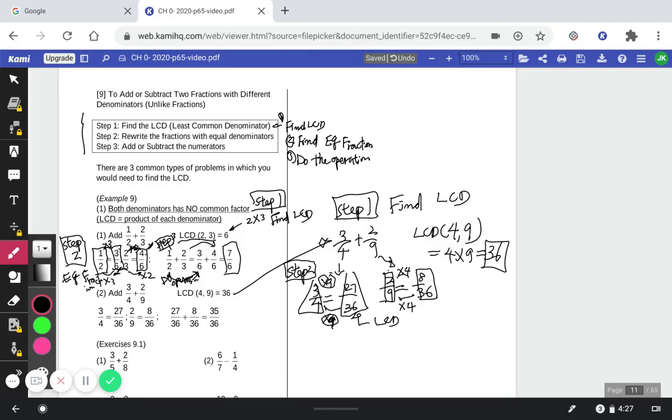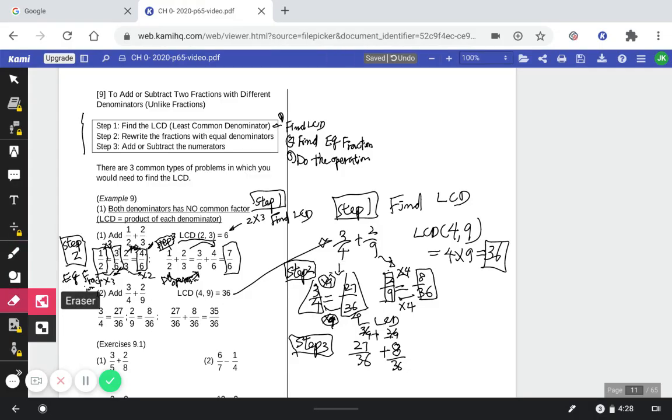So that's step 2. Now step 3 is you do the operation. So 27/36 plus 8/36, because you were adding 3/4 with 2/9, and 27/36 is the equivalent fraction of 3/4, and 8/36 is the equivalent fraction of 2/9.